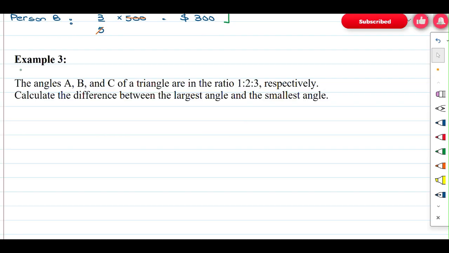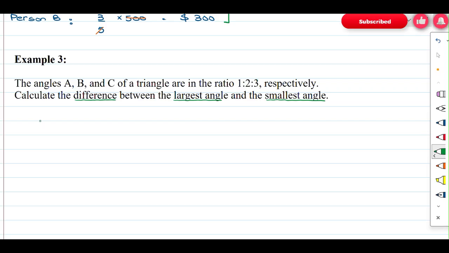Let's take another example, number 3. The angles A, B, C of a triangle are in the ratio 1:2:3 respectively. Calculate the difference between the largest angle and the smallest angle. For this, angle A has a ratio of 1, angle B has a ratio of 2, and angle C has a ratio of 3. We need the total of the angles and the total ratio.